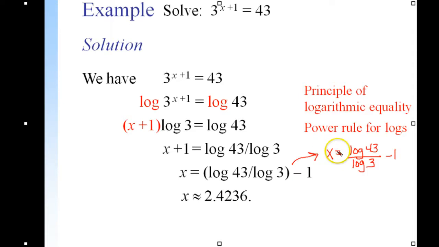Now, this is the exact answer. That's why they have equal signs. When we put it into our calculator and round off to 4 decimal places, this becomes an approximate answer. But that is satisfactory.